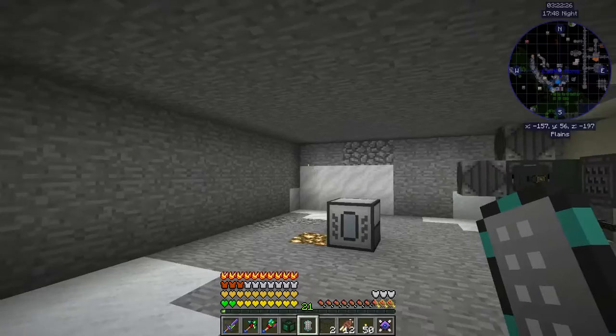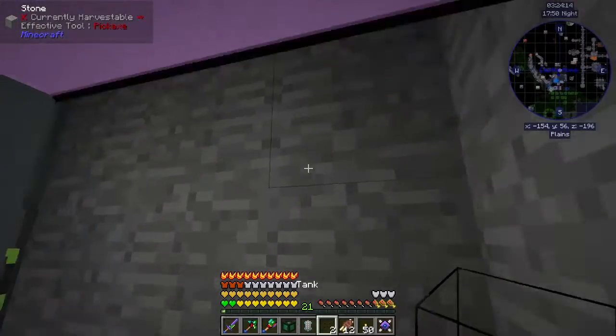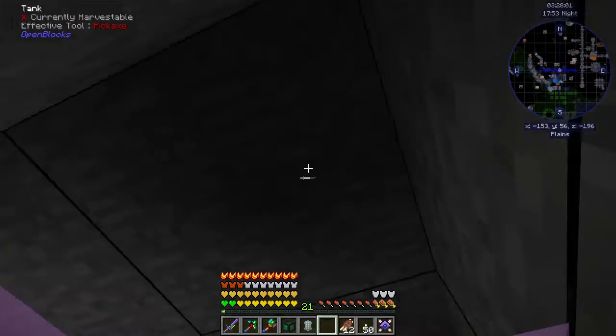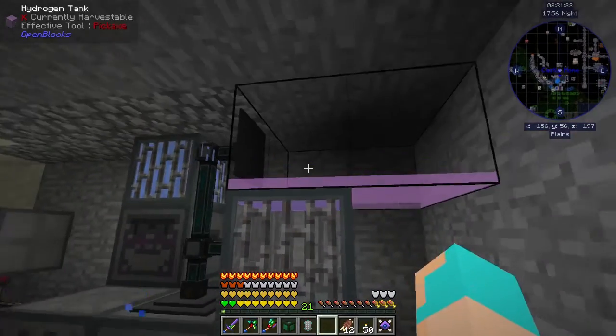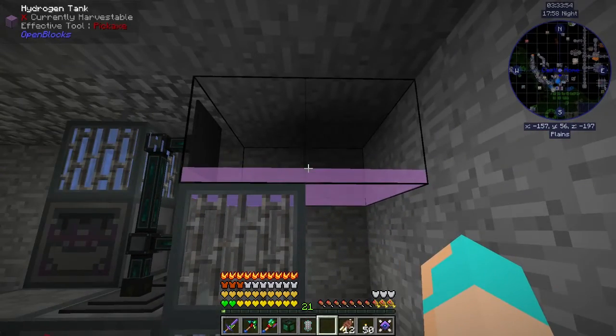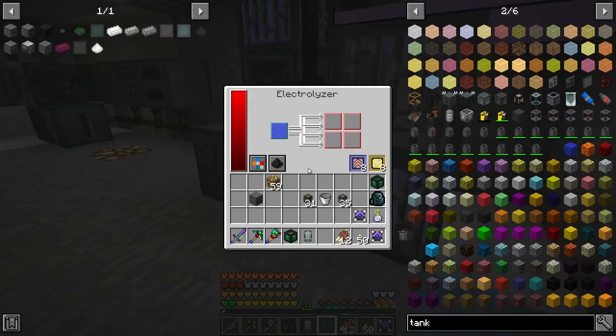And if I put these here, then that's that much more hydrogen we can store. Because this procedure, I don't want to clear that tank, I don't want to clear the tanks.